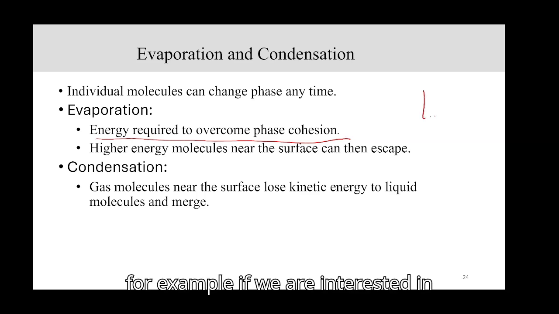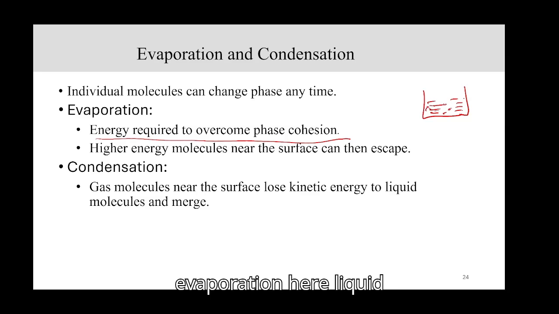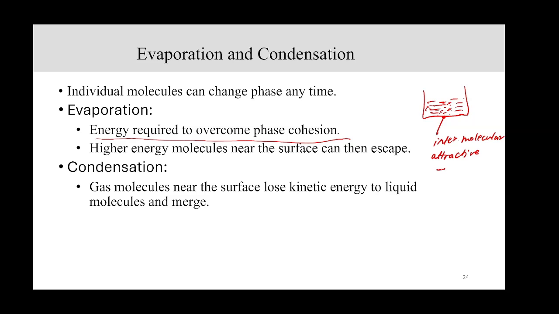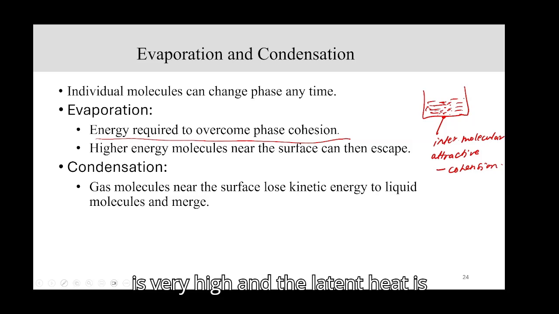For example, if we are interested in evaporation here, in the liquid form, the intermolecular attraction between these particles, also called cohesion, is very high, and the latent heat is required to break this cohesive force.